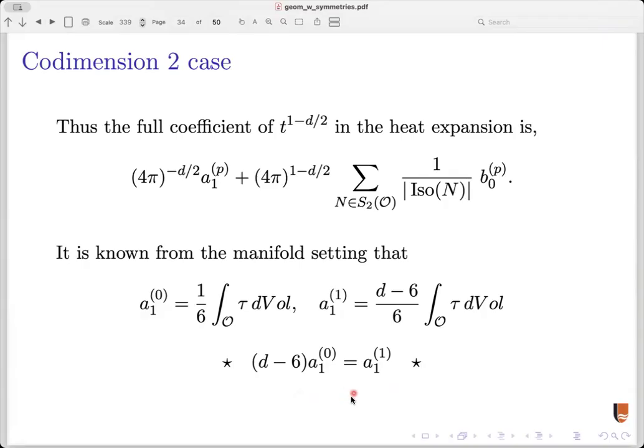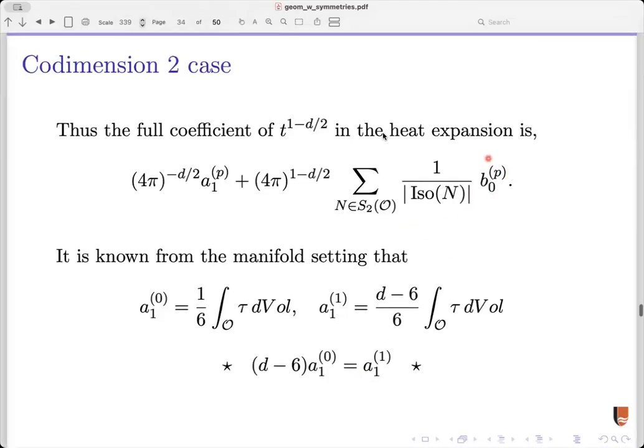So the strategy of this proof is to show that this equation is broken in the presence of a singular stratum. So if we have an orbifold with one of these codimension 2 strata, and we compute the relationship between these heat invariants, the presence of this stratum contribution is going to break this equation, and then we'll know we have an orbifold. So that's our strategy.